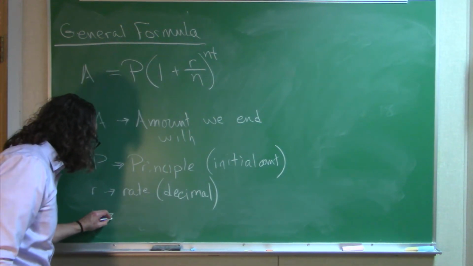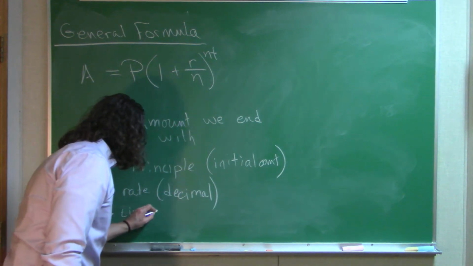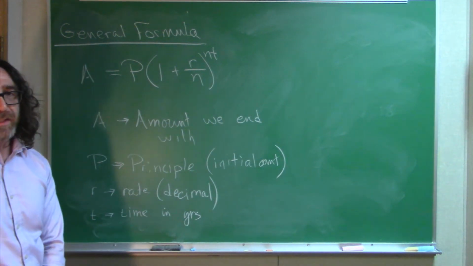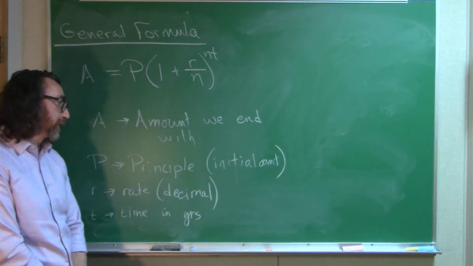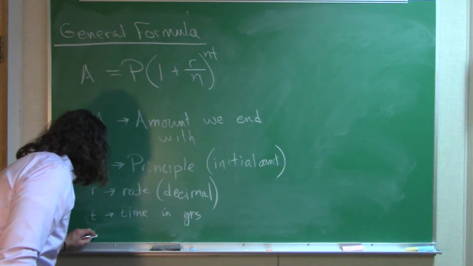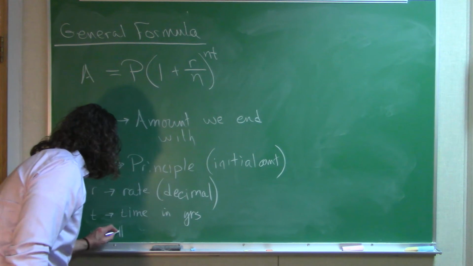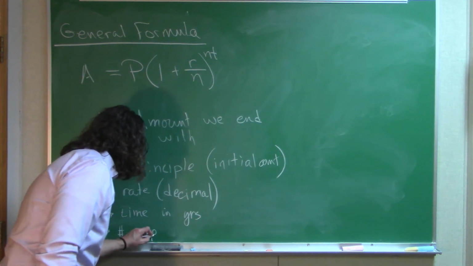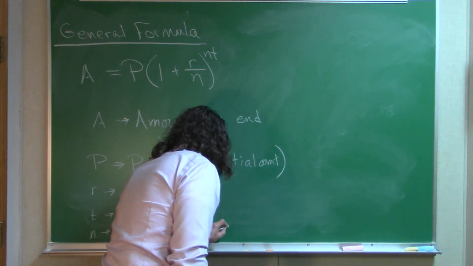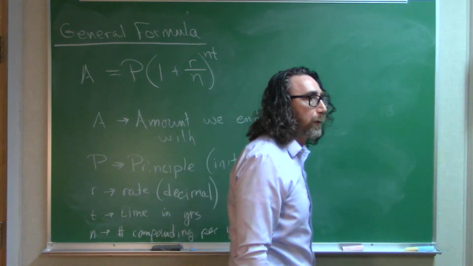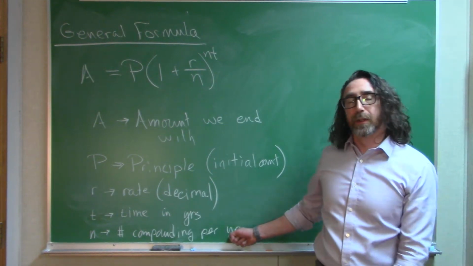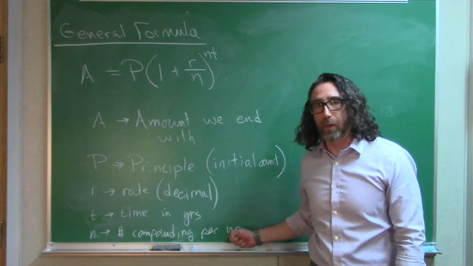And T is time in years, okay? T is time in years. N is number of compoundings per year. Okay, so some typical values for N would be monthly compounding, in which case N would be 12.